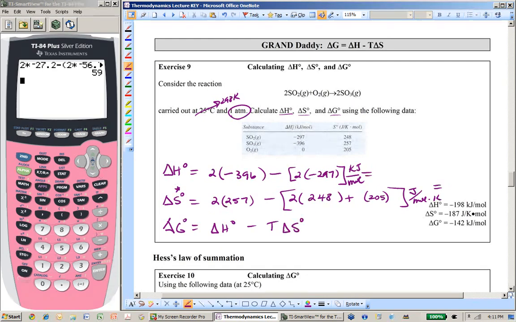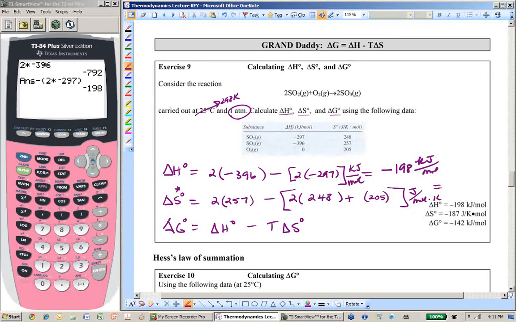Okay, so let's get the delta H one. 2 times minus 396 minus 2 times a negative 297. Negative 198. What are its units?